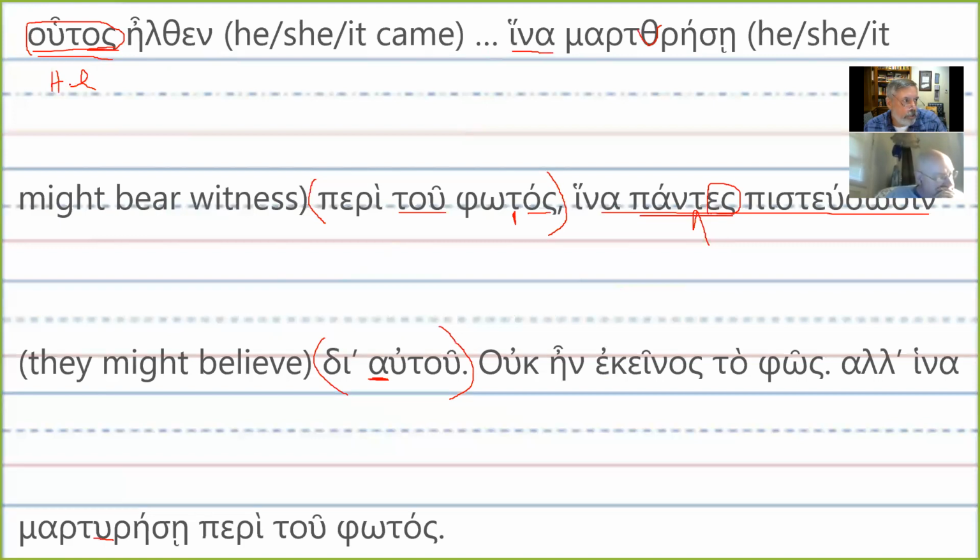So to smooth it out, I might say this one came or he came, though it's literally this came. You might say this man came, this one came, he came, in order that he might bear witness concerning the light, in order that all might believe through him. And that's that first sentence. Does that make sense? Right.